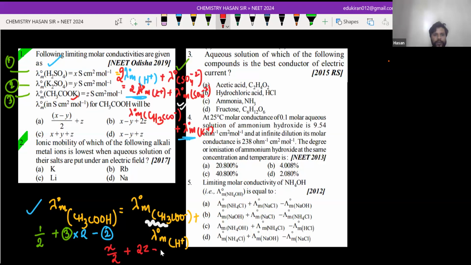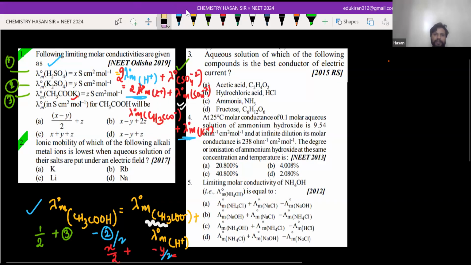Second equation will be as it is. Just wait a minute. Y is K2SO4, 2K. Oh, it's better to multiply here than divide this in the second equation. So y by 2 will be there, and you just need to solve it. That will be as it is. So you will get the answer A easily. You just need to play with the equations and you will get it.